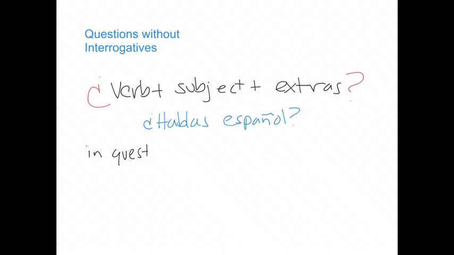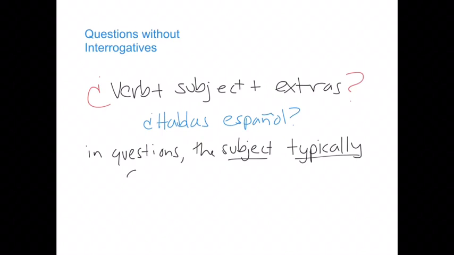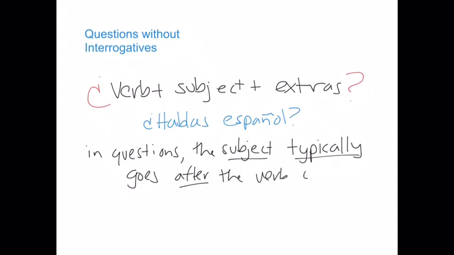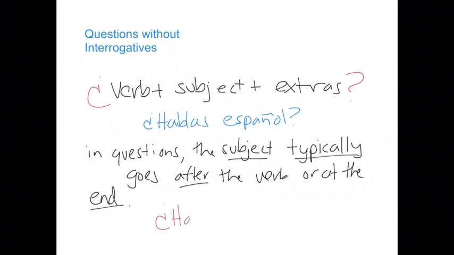Remember that in questions that use verbs in Spanish, the subject typically goes directly after the verb, or it can go at the very end of the question. Once again, the subject is going to either go after the verb or way at the end.